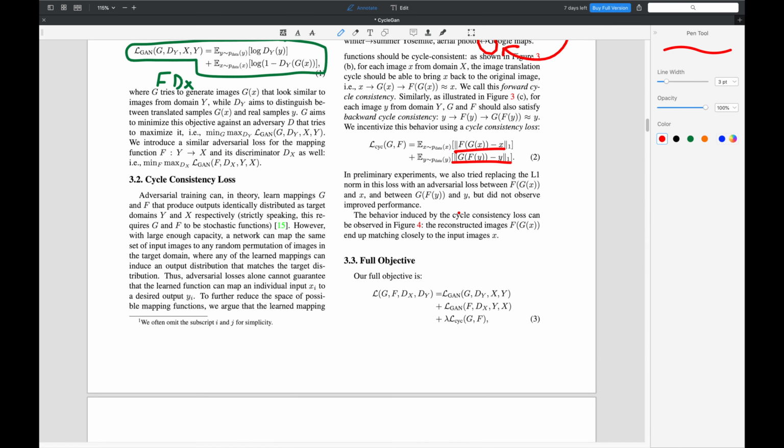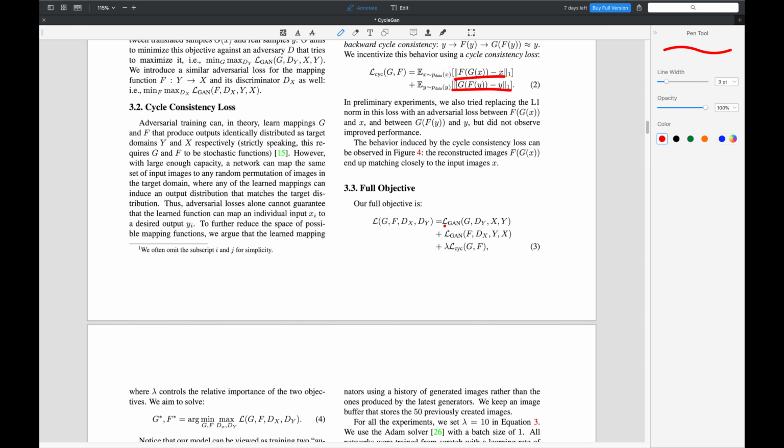The full objective becomes minimizing the GAN loss for G and dy, F and dx, and the cycle consistency loss for both generators, G and F, multiplied by the coefficient lambda, which determines how much importance we want to put on the cycle consistency loss. Having a low value of lambda makes the network care less about the cycle consistency loss, and this really depends on the domain of the problem.